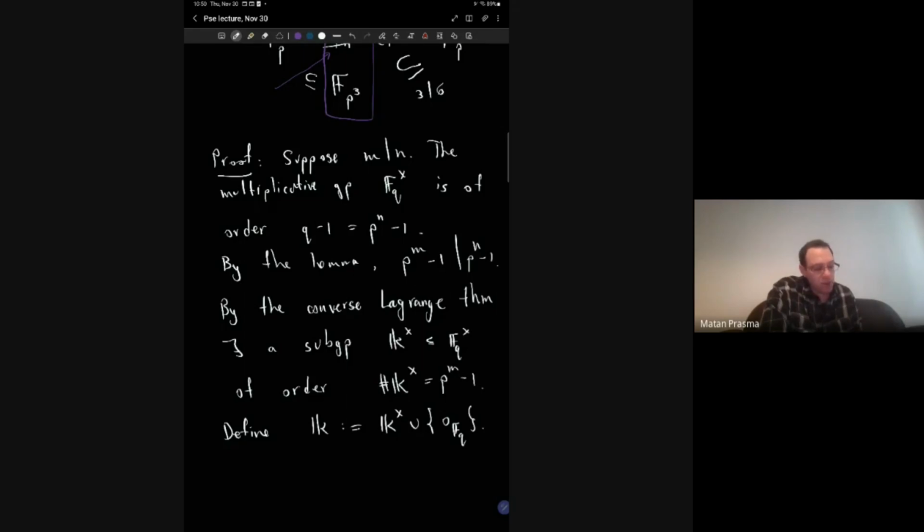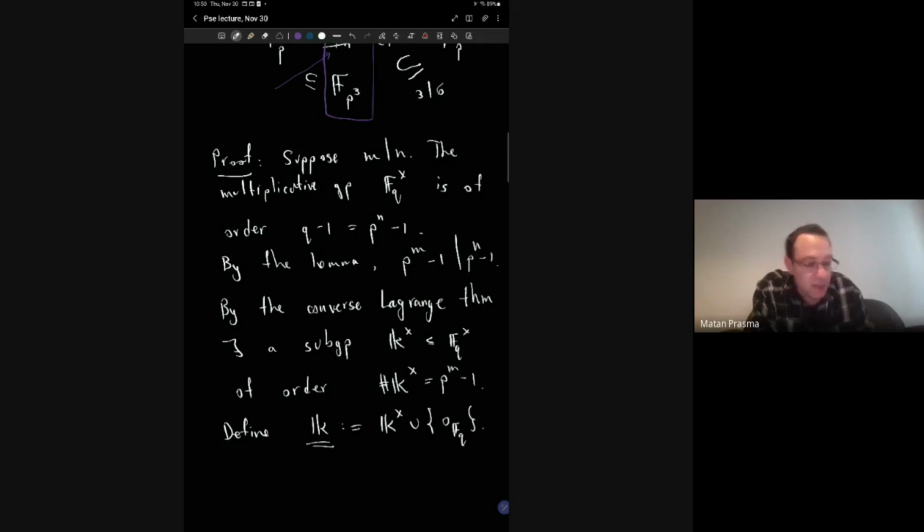So of course, K star by definition has a multiplication. But in fact, it also has addition. It has addition because we can induce the addition from FQ, since it is a subset of FQ.